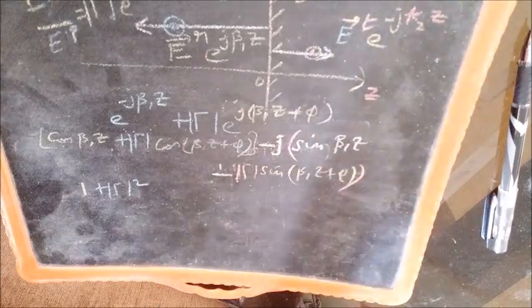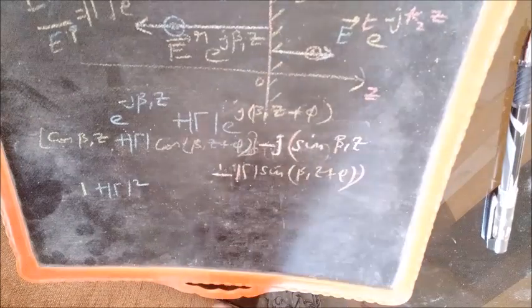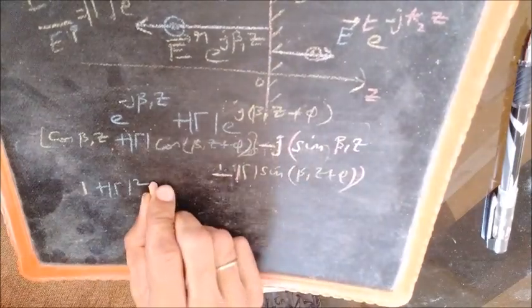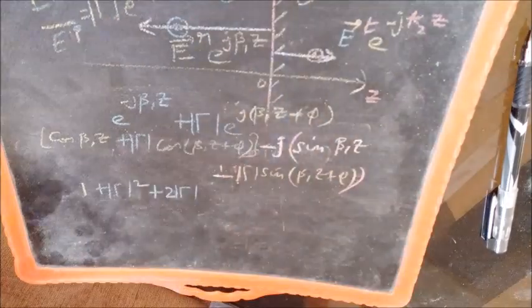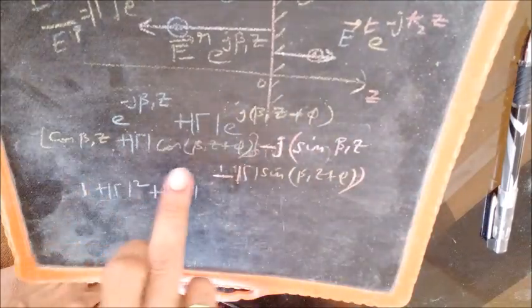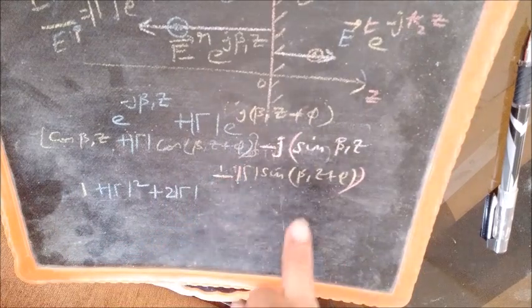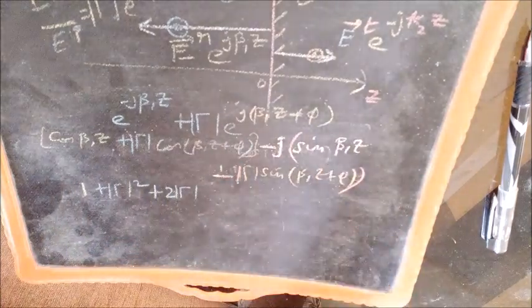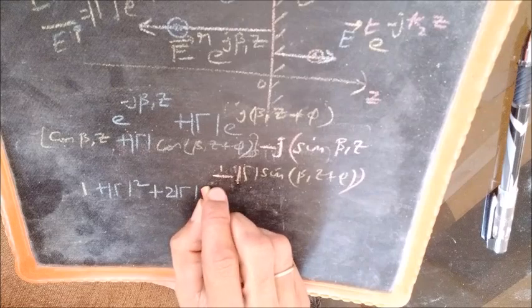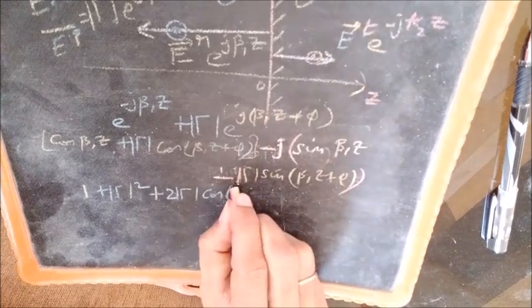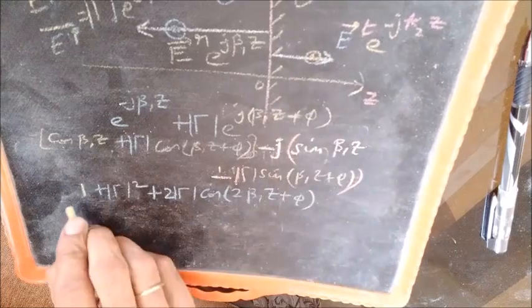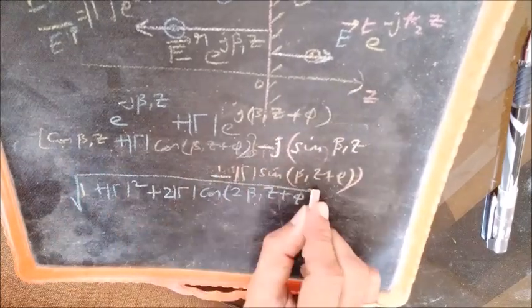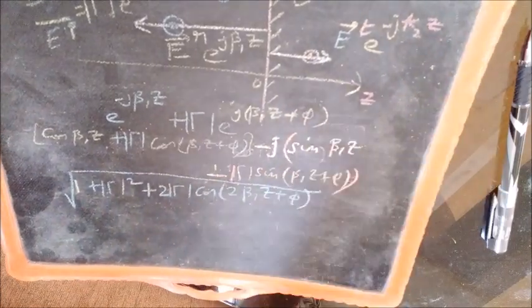So when you add them up, you will get plus 2 magnitude gamma, and you have cos beta 1 z plus phi minus sin beta 1 z plus phi. The result will be cos 2 beta 1 z plus phi, and this will come under root.